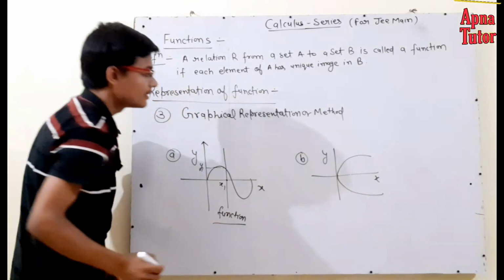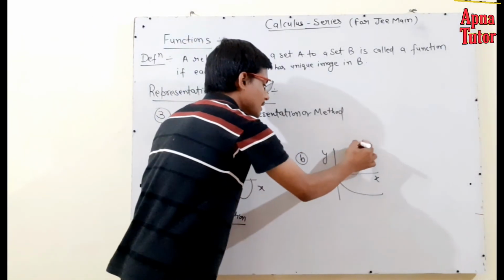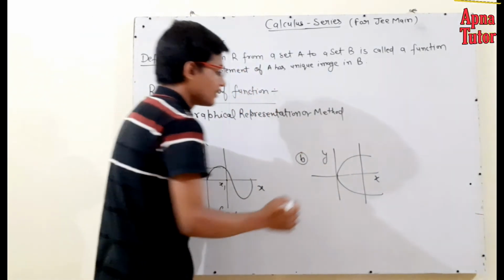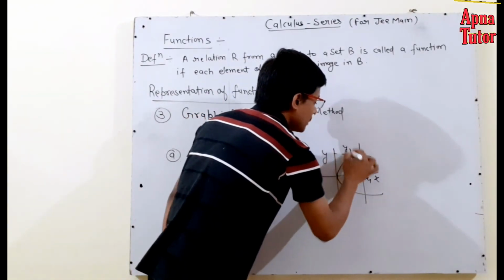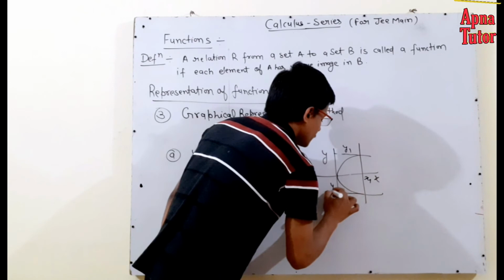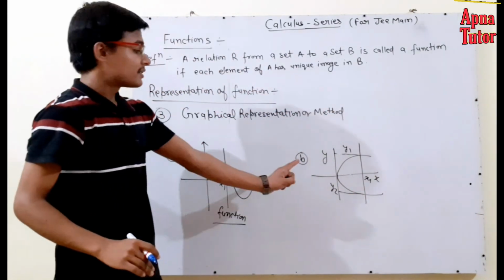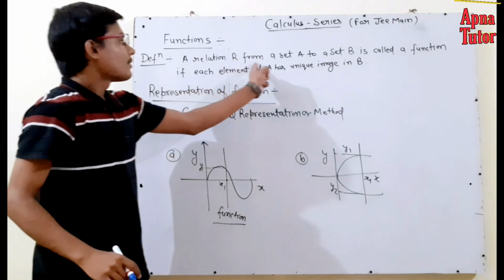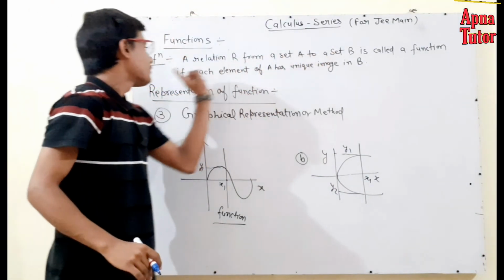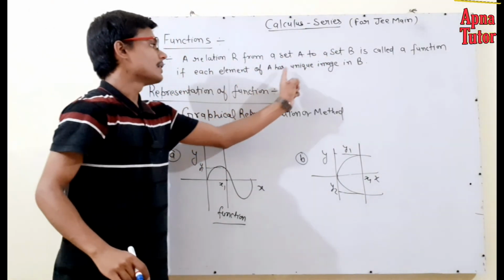On the other hand, you draw a vertical line like this. For a particular value of x1, you get two values of y. This is restricted in the definition of a function. A relation R from set A to set B is called a function if each element of A has a unique image.